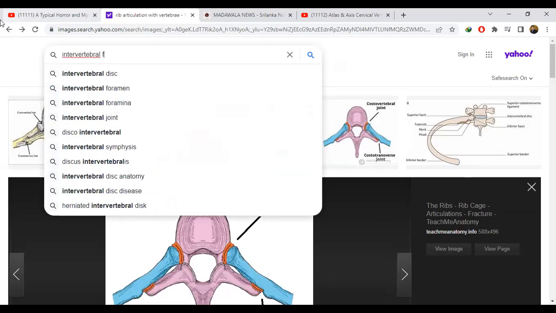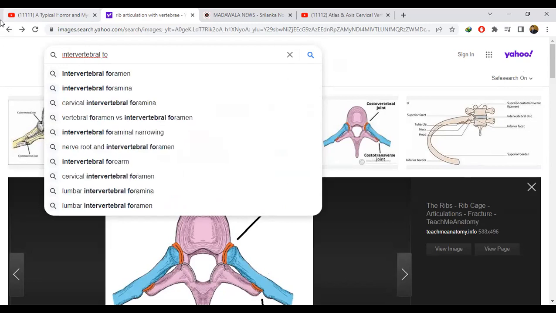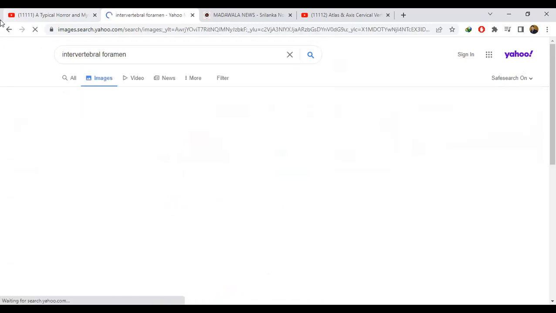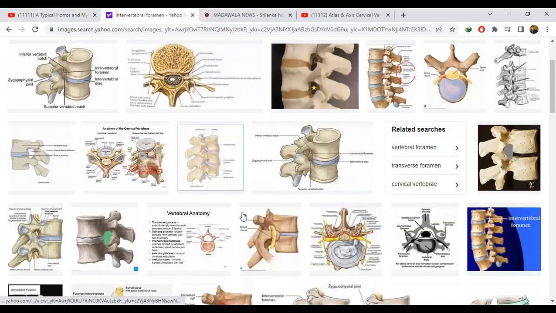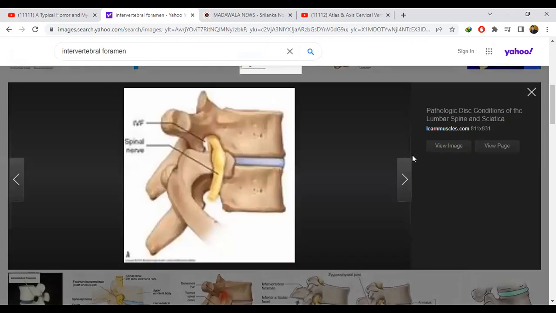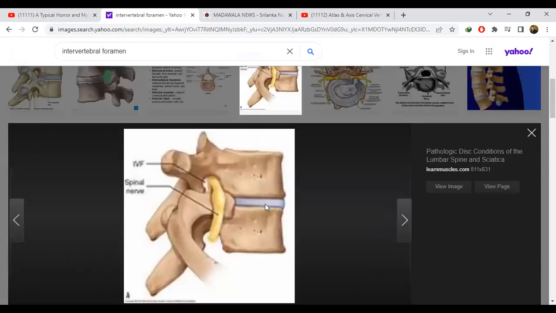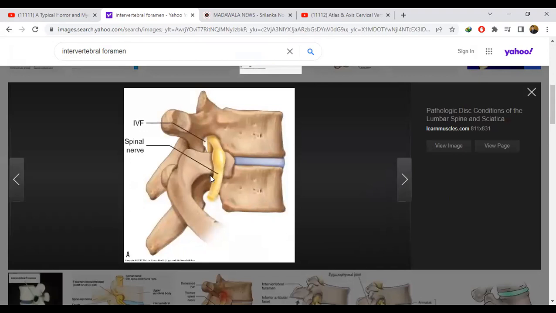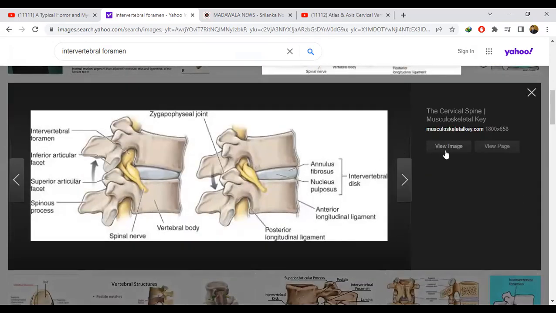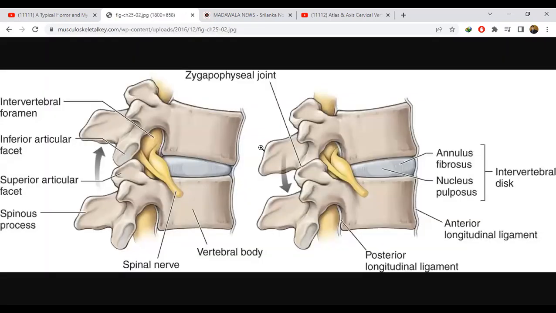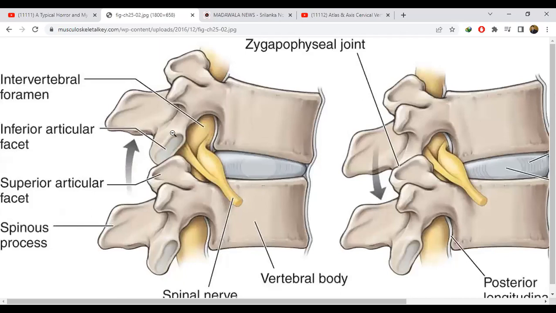If you take the intervertebral foramen, from the spinal cord, who will exit? See here. Can you see this picture? The yellow color vertical component is the spinal cord.